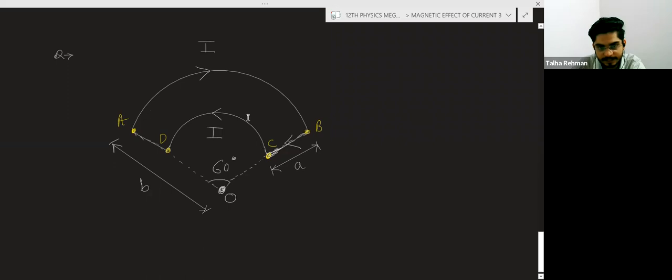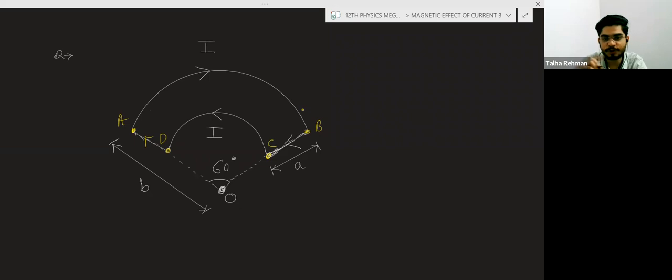The current is flowing in this wire like this, from B to C, from C to D, from D to A. Dimensions are given, and you have to find the magnetic field at the center O. And both of these are circular arcs.